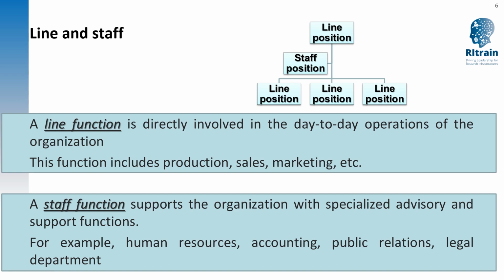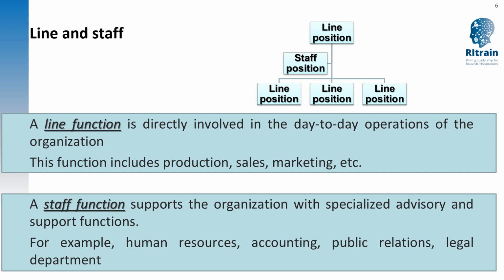Line personnel carry out the primary activity of a business and are considered essential to the basic functioning of the organization. Line managers make the majority of the decisions and direct line personnel to achieve company goals. An example of a line manager is a marketing executive.